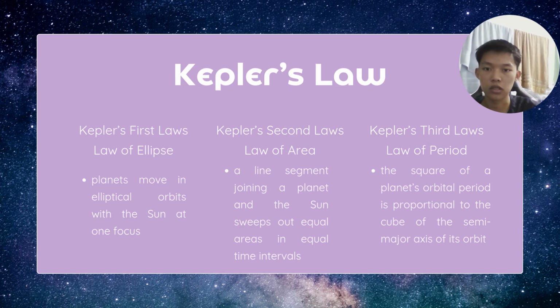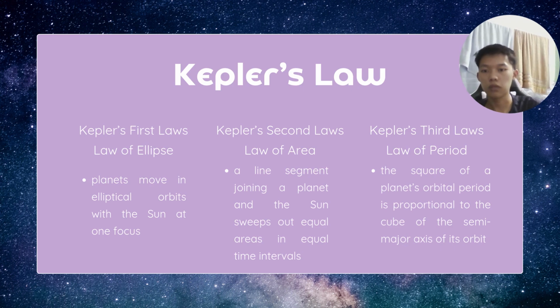Kepler's second law is the law of areas. The law of areas explains that a line joining a planet and the sun sweeps out equal areas in equal time intervals. It causes the planets to move faster when closer to the sun and slower when farther away, due to angular momentum conservation.